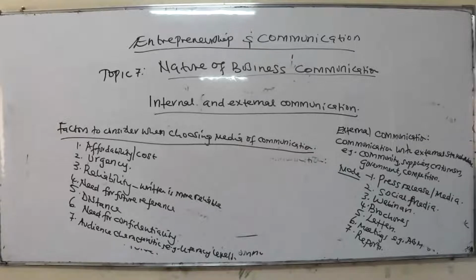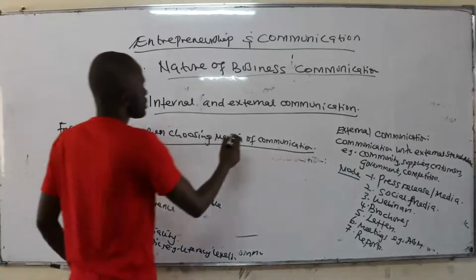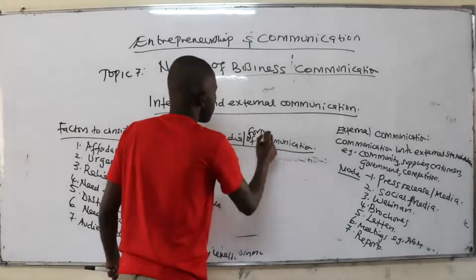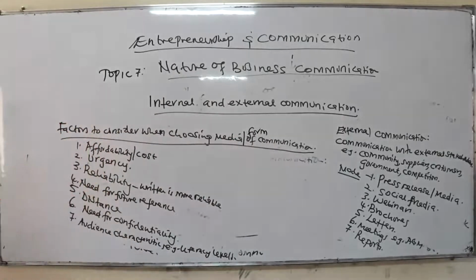So we have discussed the means of communication, and the factors that you take into consideration when choosing the media of communication, even if the examiner also happens to ask the form, because we're also going to discuss the form of communication.